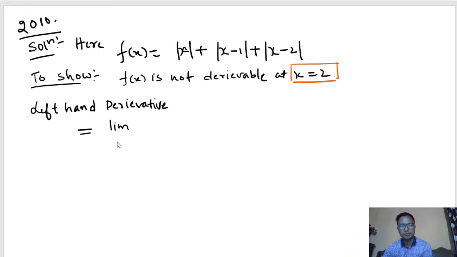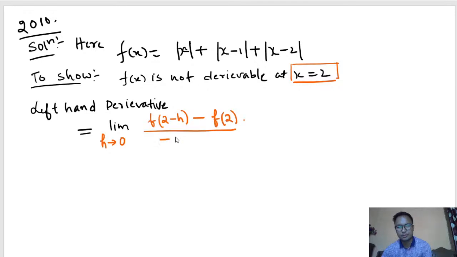So we will write here limit h tends to 0 of f of 2 minus h minus f of 2, and then divided by minus h.